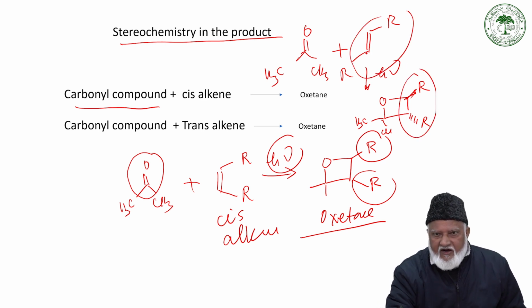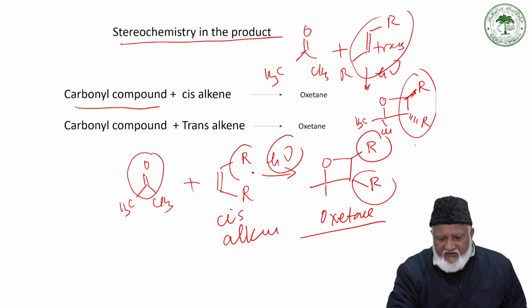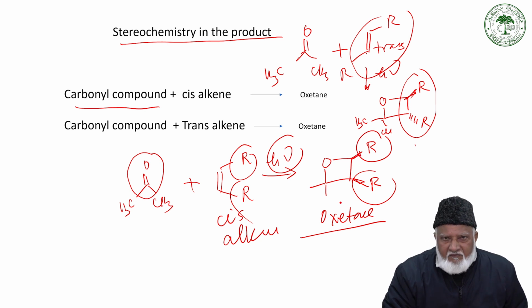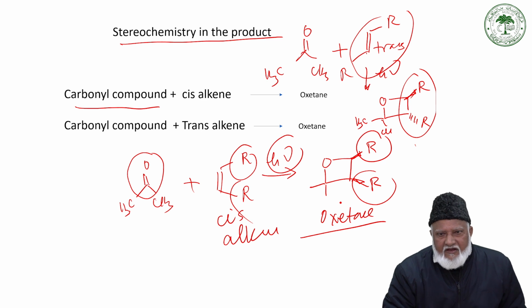Is the trans alkene retained in the product, or if we start with a cis alkene, is it again going to be retained in the product or not? This is an important aspect which has been discussed.